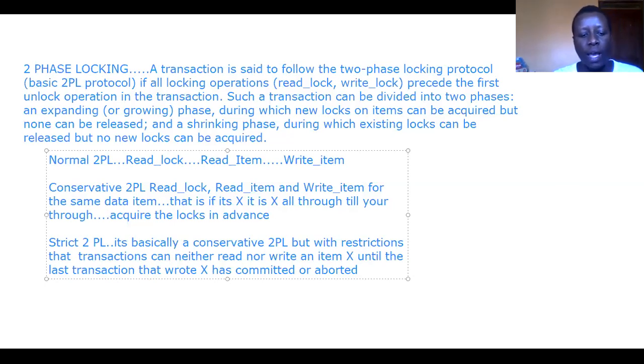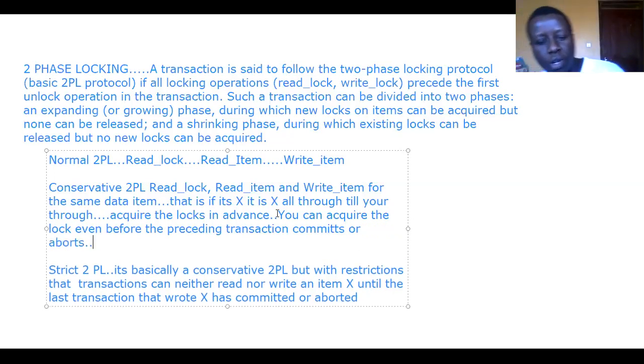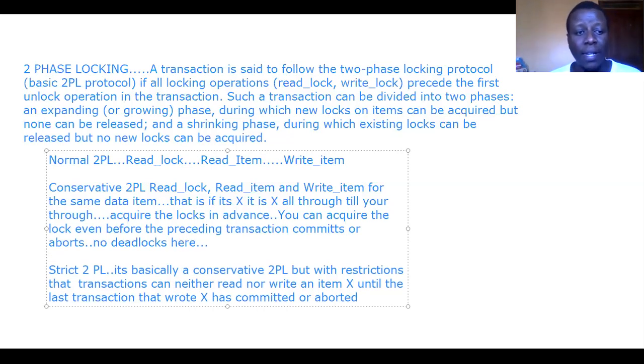With conservative 2PL, you can acquire the lock even before the preceding transaction finishes, commits or aborts. That's why there was no issue of deadlocks. There were no deadlocks here. That was the conservative 2PL, the normal 2PL.